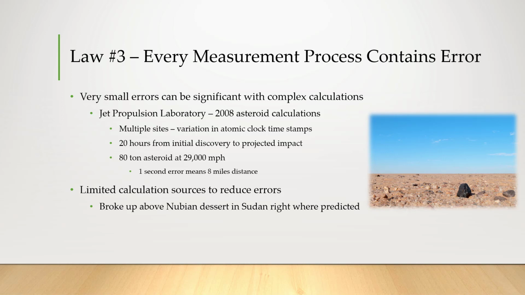So to minimize the error of these time-stamped projections, the Jet Propulsion Laboratory took sample observations from all of the places, reducing the amount of error compared to if they had just taken observations from one single place.